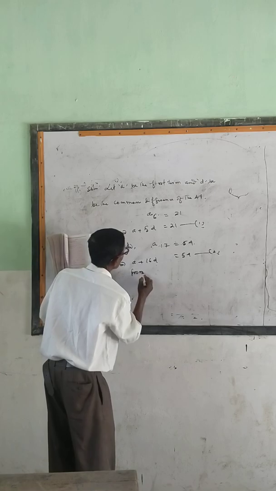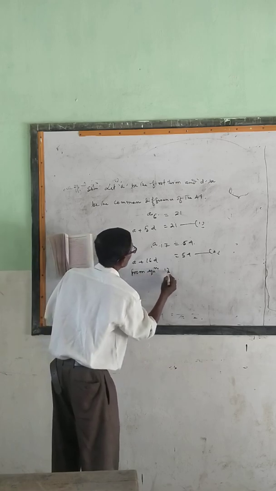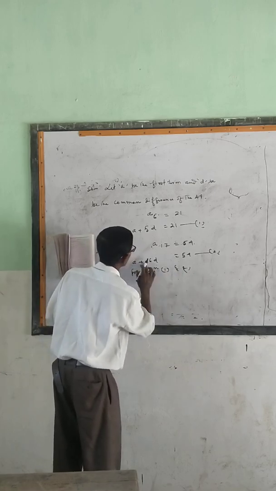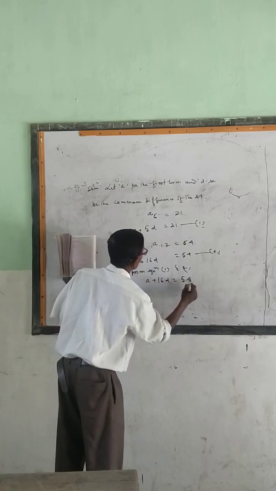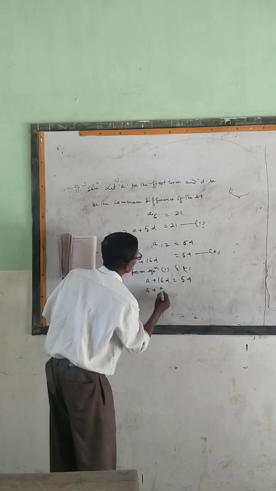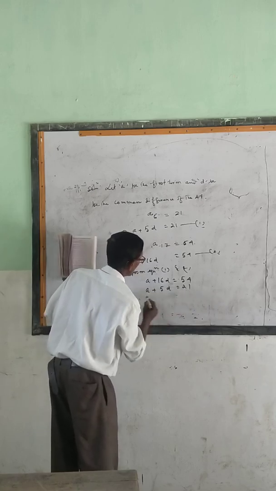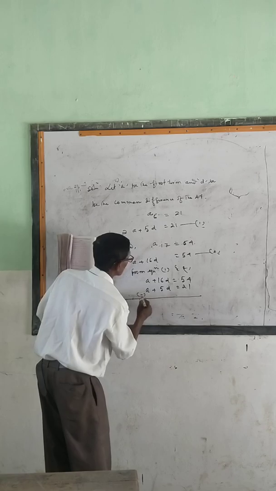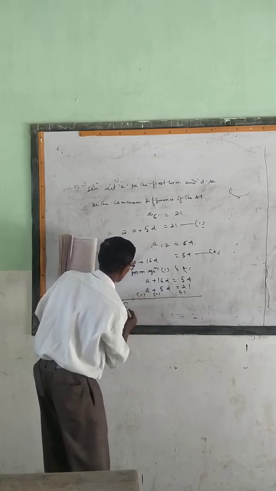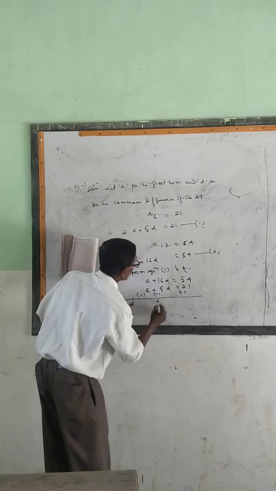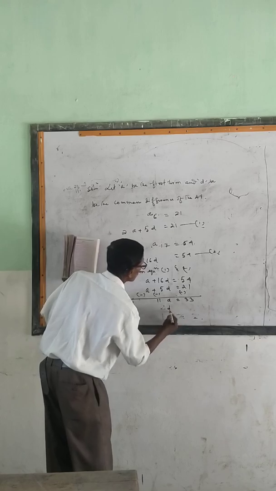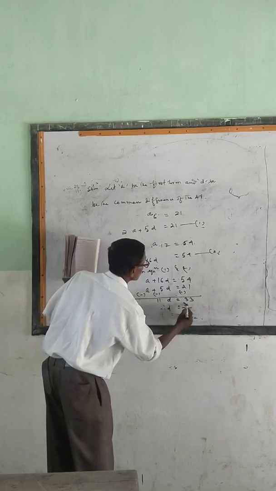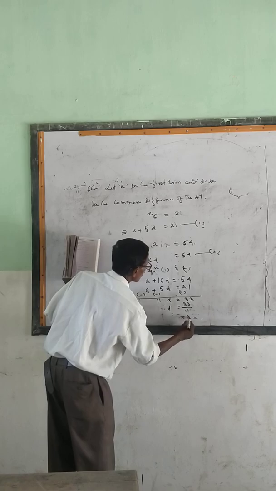From equations 1 and 2, let us write this one first on the top: A plus 16D equals 54, and A plus 5D equals 21. If both are on the same side, we have to subtract. Subtracting, 11D equals 33. Therefore D equals 33 by 11 equals 3.